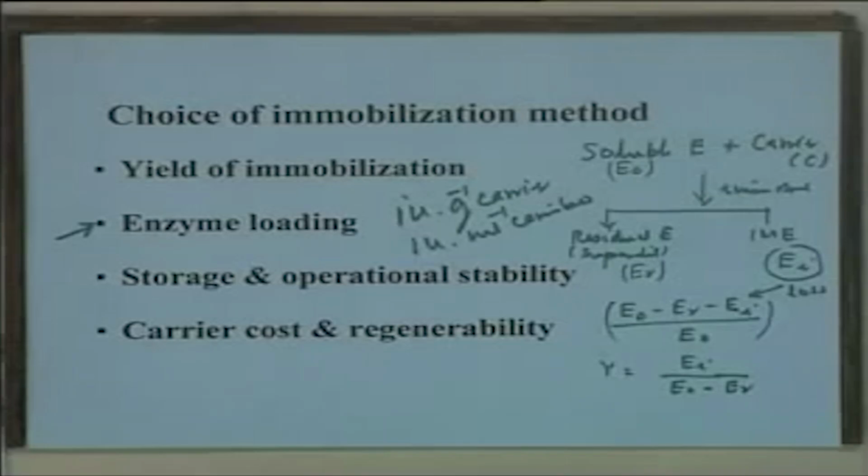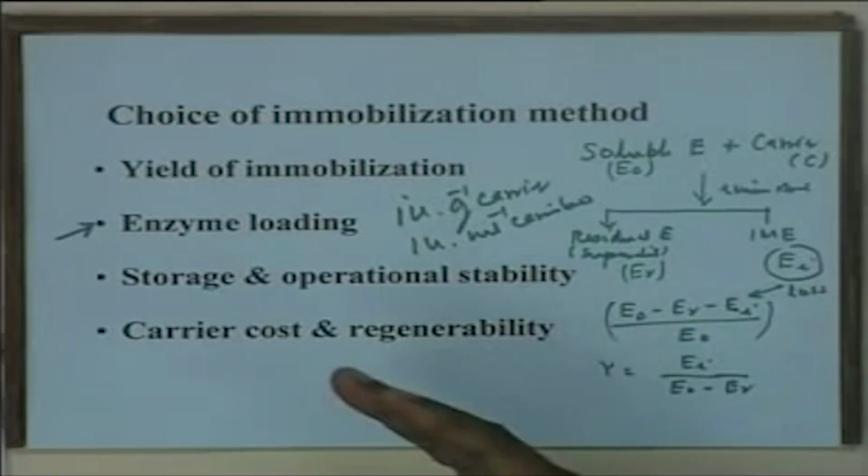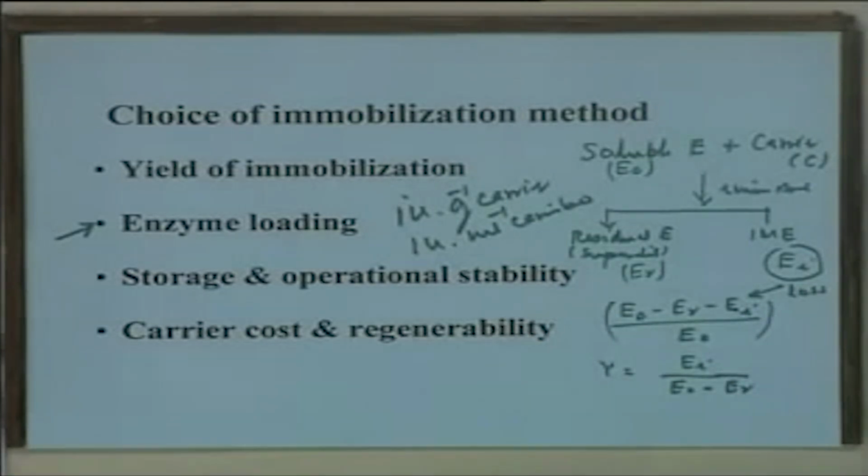Then the third parameter which is important to look at is storage and operational stability. As I mentioned, one of the major advantages of immobilized enzyme is that it can be reused, repeatedly and continuously, and therefore it must possess a much higher stability than the soluble enzyme.